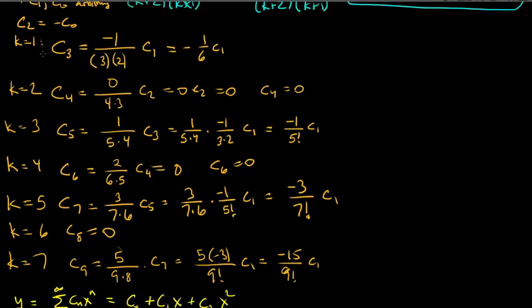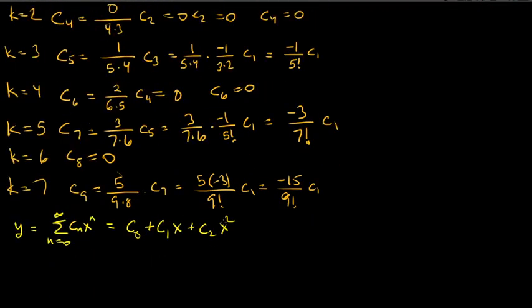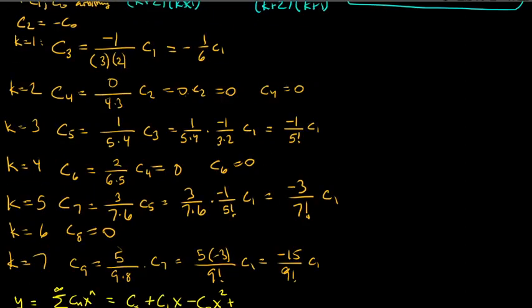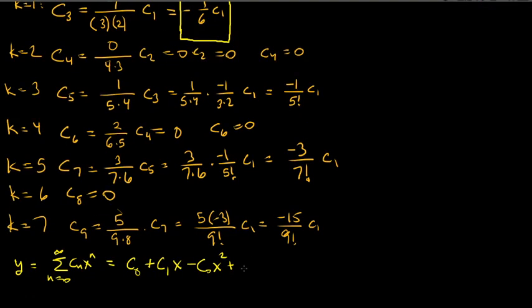Now, I wrote this out already, but what's C2? It's just negative C0. So this is just going to be minus C0 x squared. Plus, what's the third term? The third term will be C3. And what was C3? C3 was negative 1/6 times C1. So this will be negative again. Negative 1/6 times C1 times x to the 3.